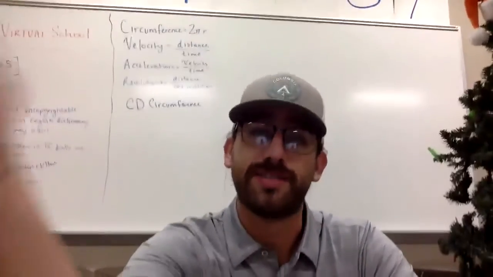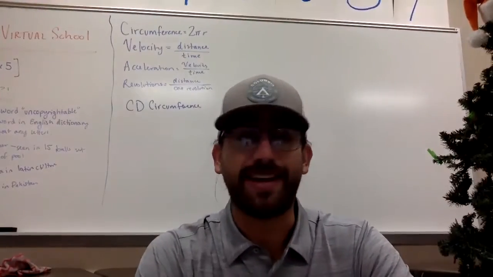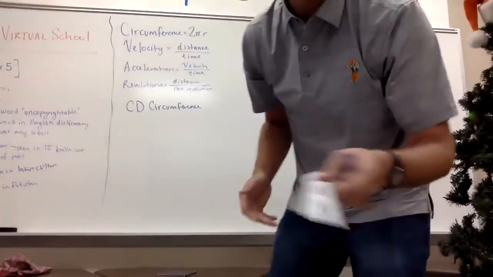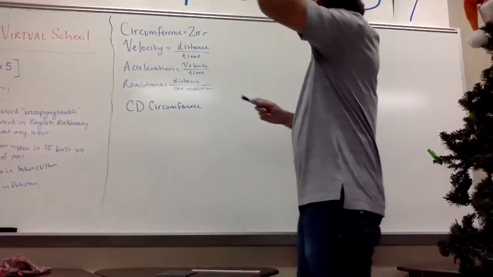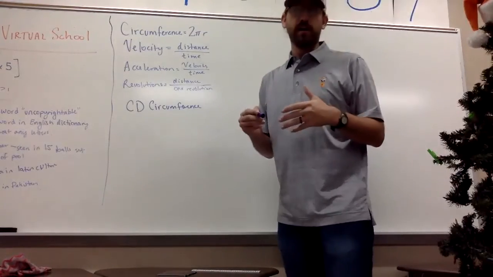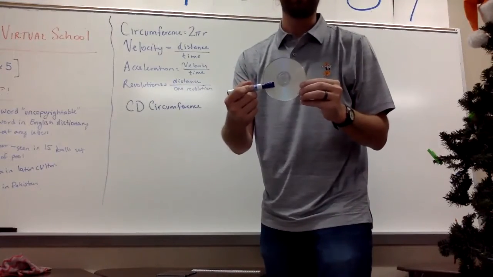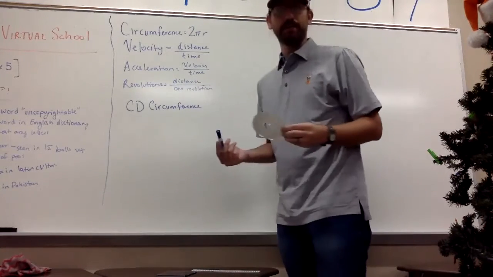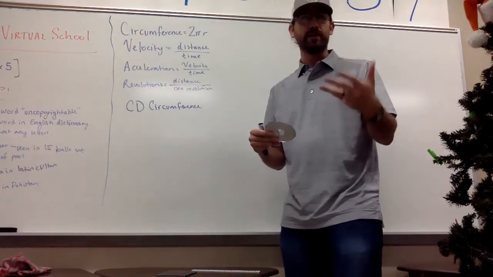I'm going to show you real quick another way that we could do this that's actually a little bit simpler. All you need is a ruler and a calculator, or the calculator on your phone. Many of you brought this up, but the circumference of your wheel itself is the exact same as one revolution, and it's actually going to be more accurate as well.